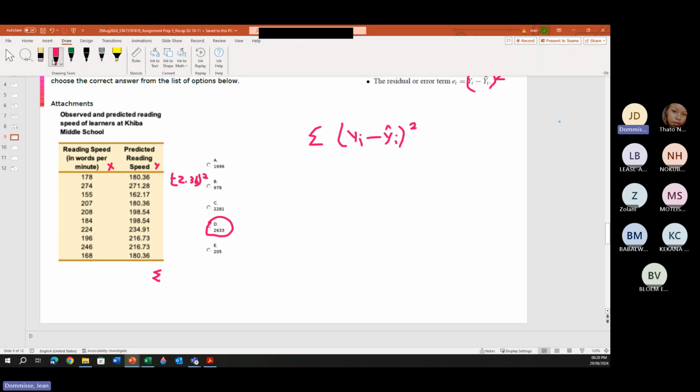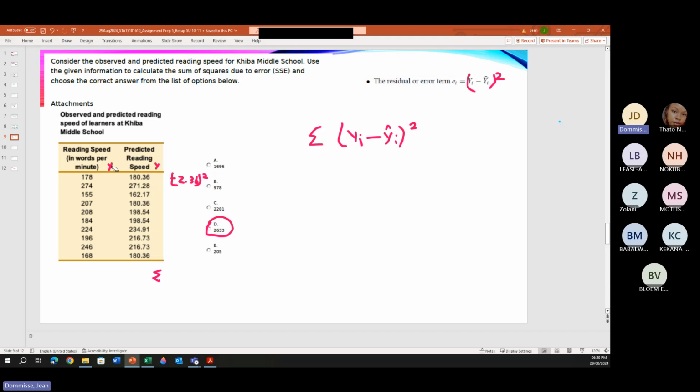And I think most of you guys have Sharps and Casios, so I will just check if there is another shortcut on the calculator to do it if you get this type of data set.